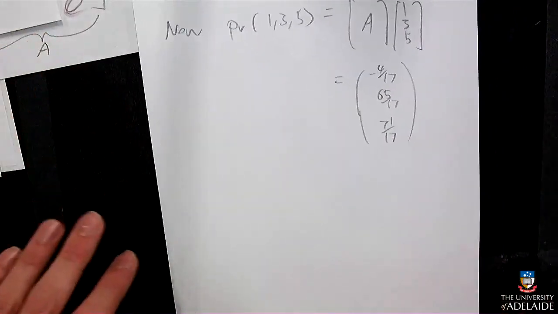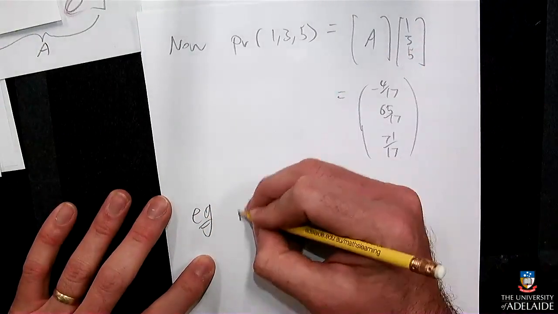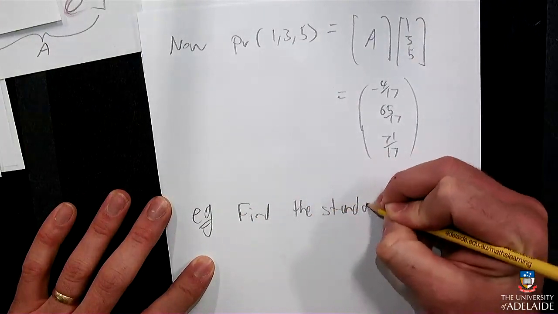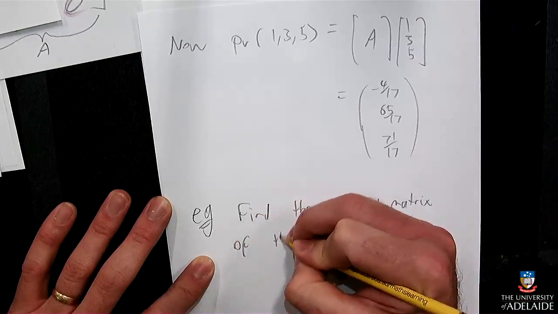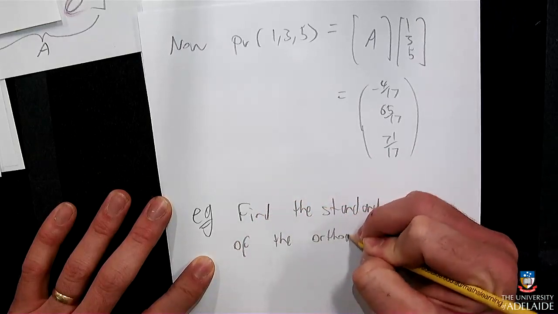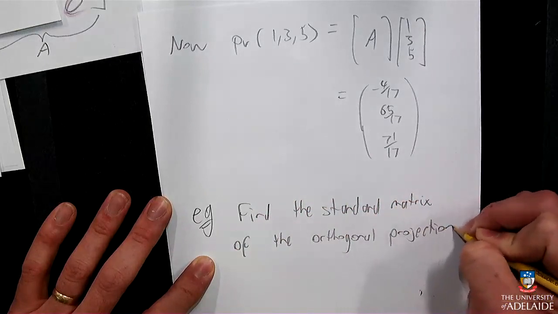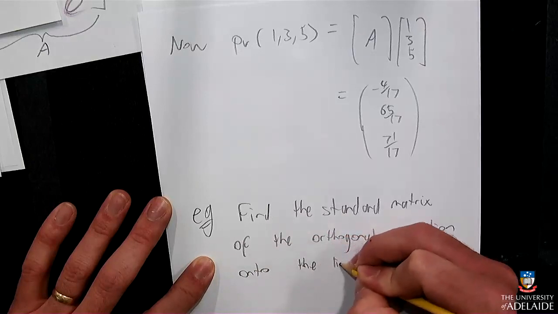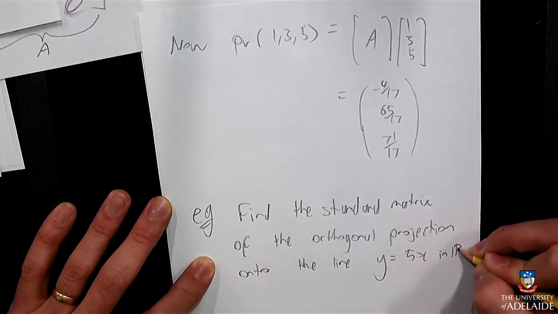So I'm going to do the classic example that everyone always asks me about. Find the standard matrix of the orthogonal projection onto the line y equals 5x in R2.